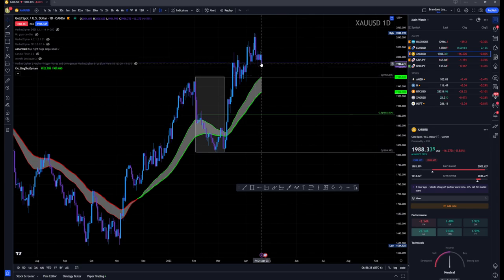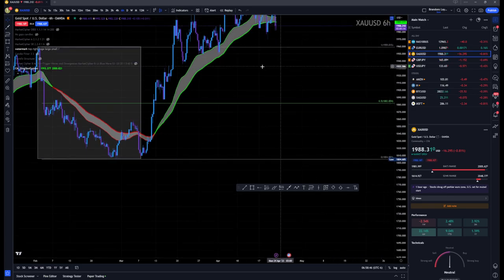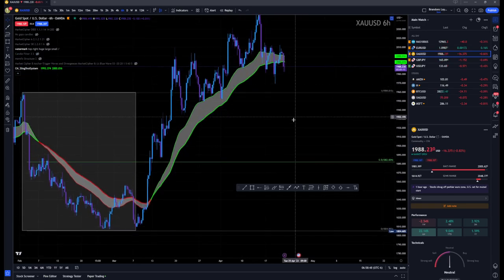And so, again, we're going to just look for a pullback into here, or even further down to 50%. So this is probably short-term short mode, but what we're really looking for is a case to actually buy.